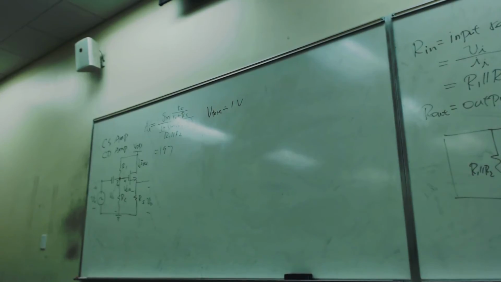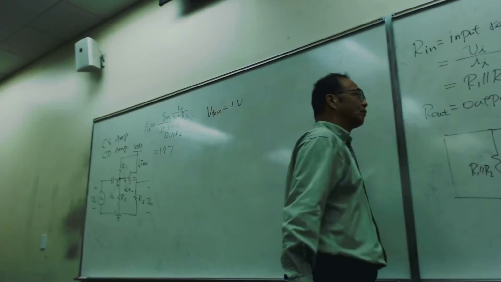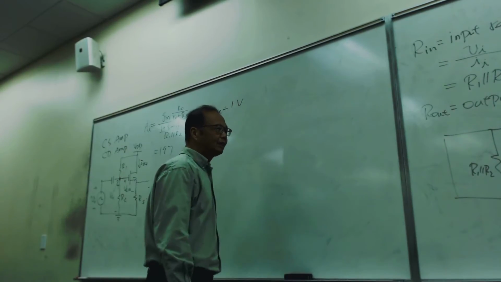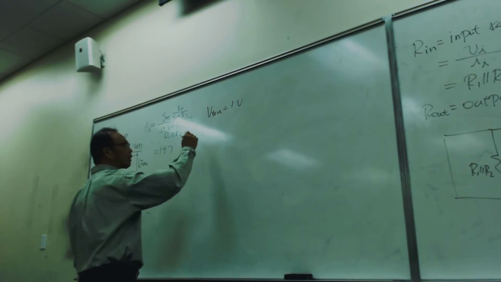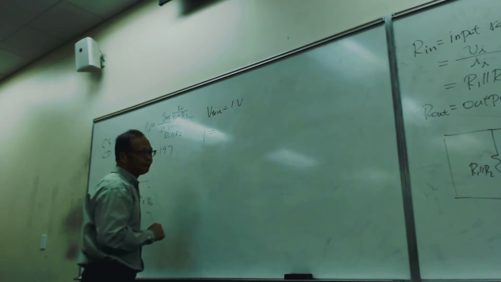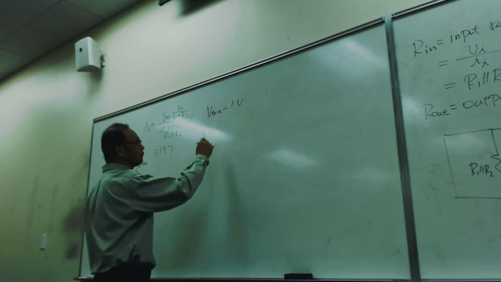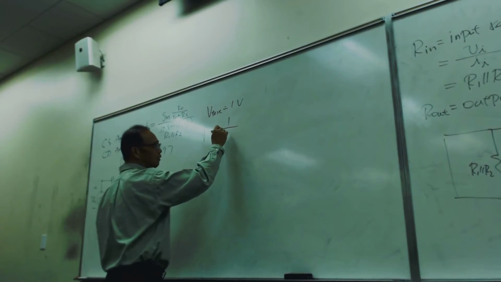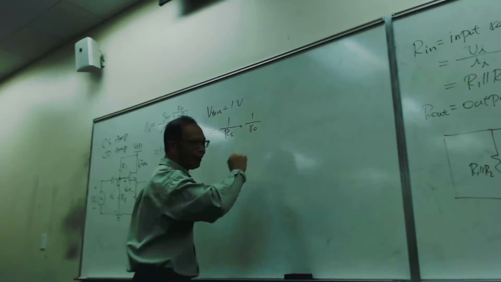The question is, what is I test? This is a node, correct? So I test, according to KCL, equals 1 over R sub S plus 1 over R sub O. Why?